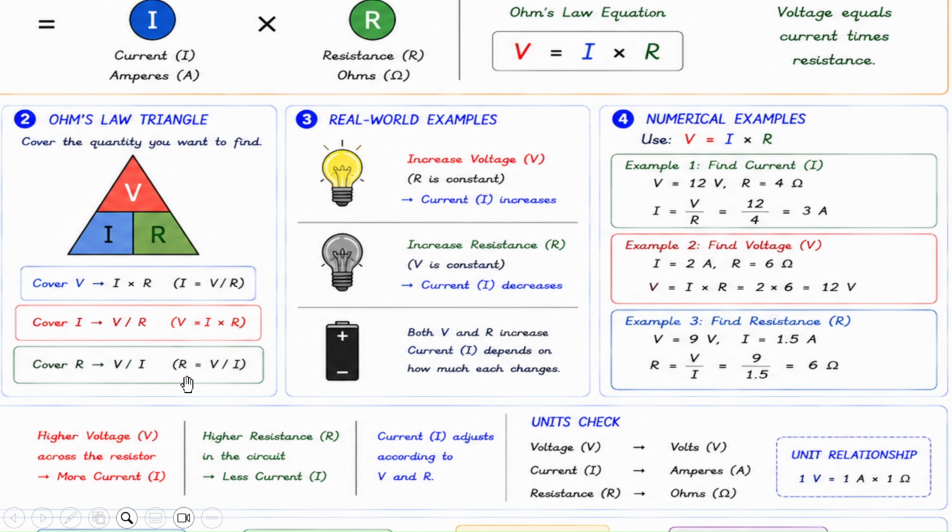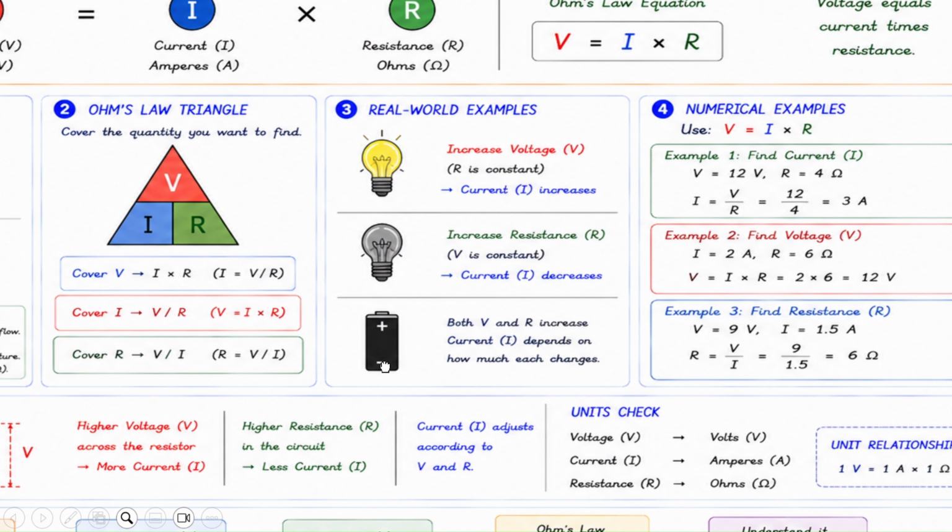Going back here, if we want to find the resistance, we divide the voltage by the current, and we get 6 ohms. This is all the math that you need to calculate these three variables. Once you know how to calculate V, I and R, you basically know how to use Ohm's law.